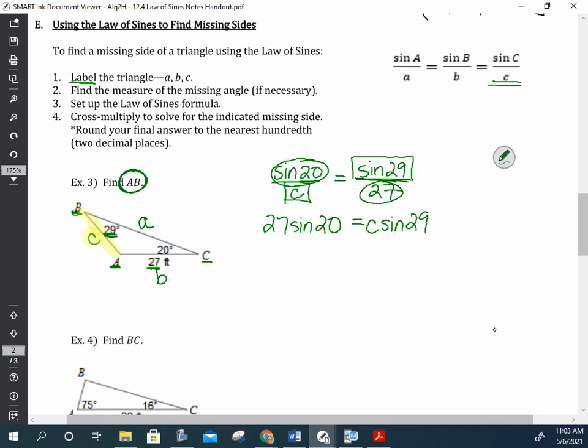Again, this problem is not that much different than example 1. Divide both sides by the sine of 29. C equals 27 sine 20 over sine 29.